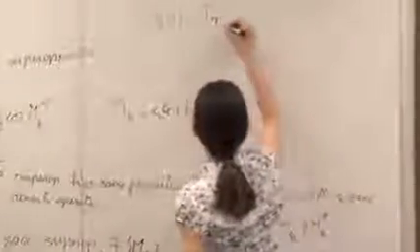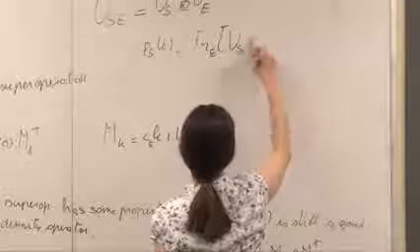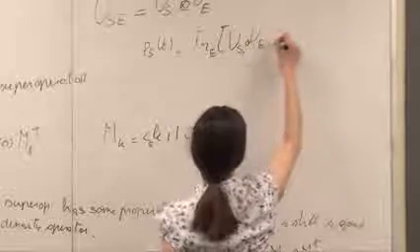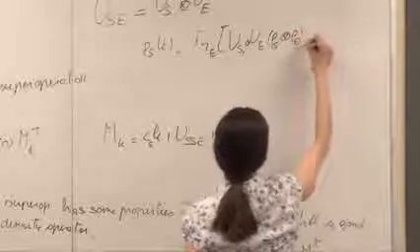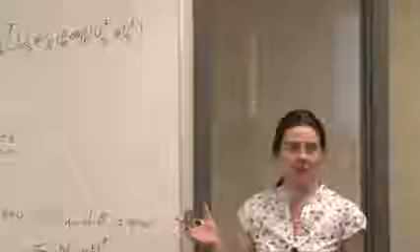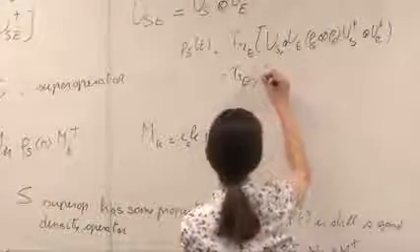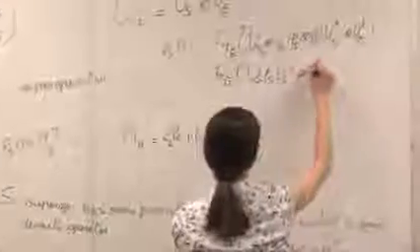I want the partial trace over E of U_S tensor U_E, my initial state, which as I said is the separable state, U_S dagger, U_E dagger. Then everything is still going to be in a separable state. It's just the trace over E of U_S rho U_S dagger.